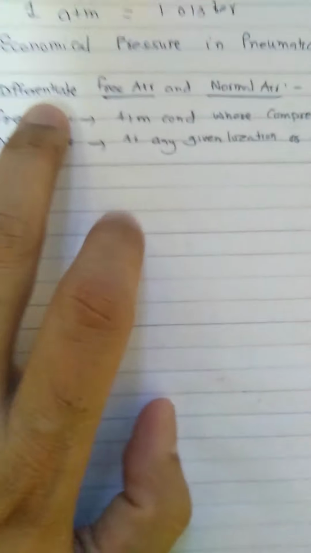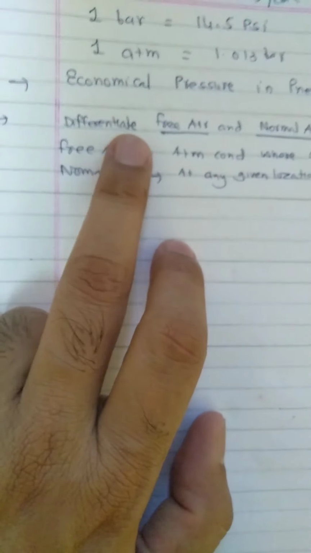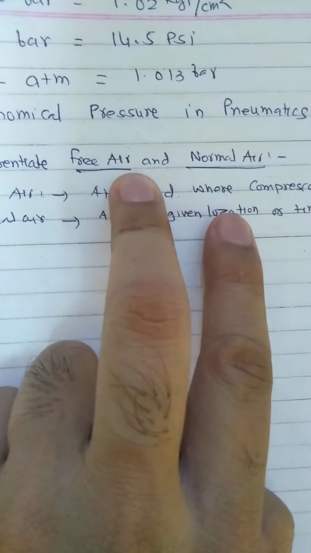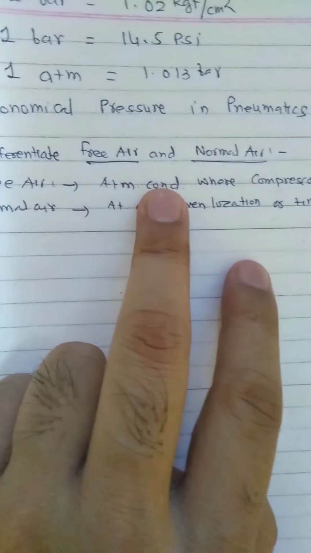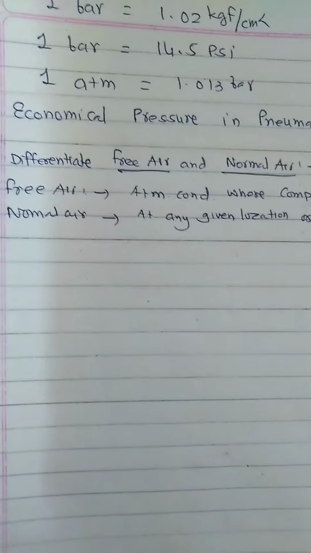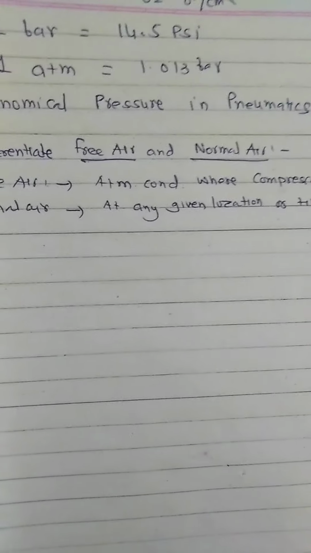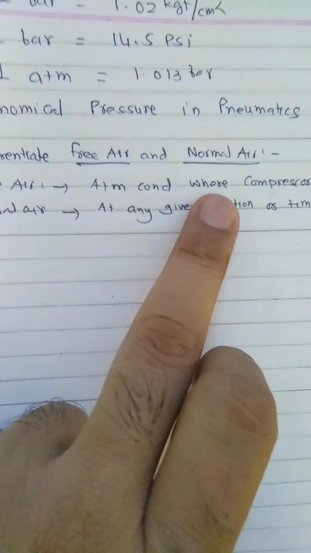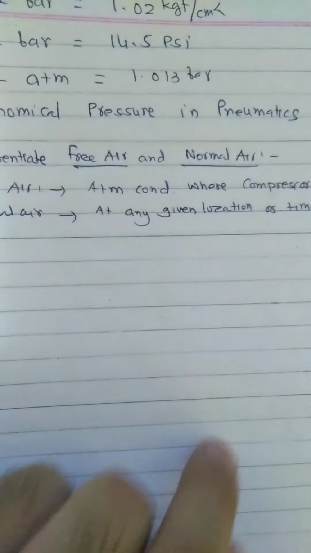Now we'll try to understand and differentiate these two terms: free air and normal air. While studying pneumatics, the existence of the following two conditions of atmospheric air is well accepted. First one is air at the atmospheric condition at the point where the compressor is located.